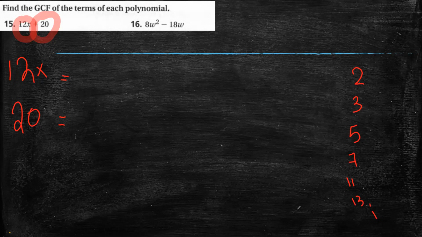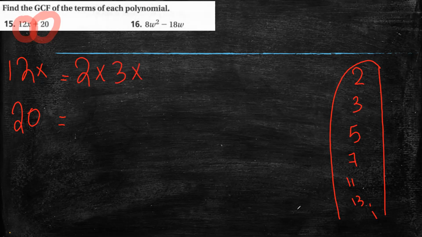Look at number 12 now. Who can tell me what are the prime numbers that if I multiply them, I get 12? I need numbers from the prime numbers that if I multiply them, I get 12. 2 and 3 and 2.